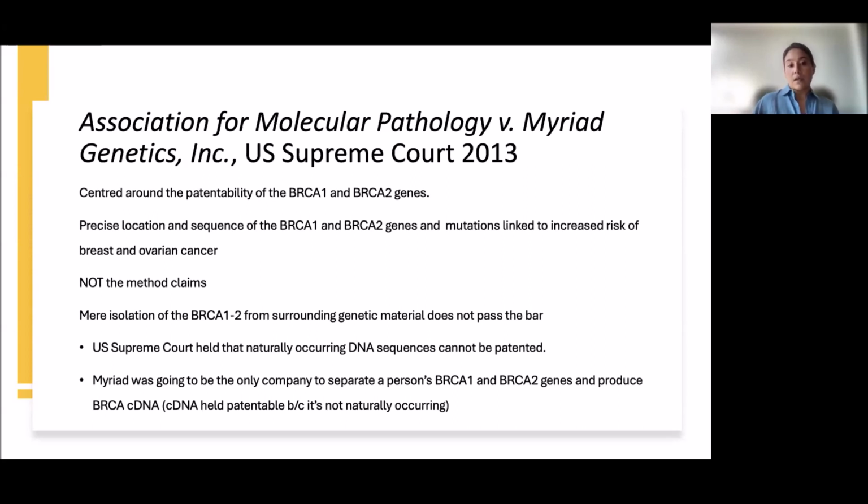But as it was performing the isolation of these genes, they were the only ones who were going to market the diagnostic tests. So it's quite limiting, and as a woman, I would say it's disturbing too.